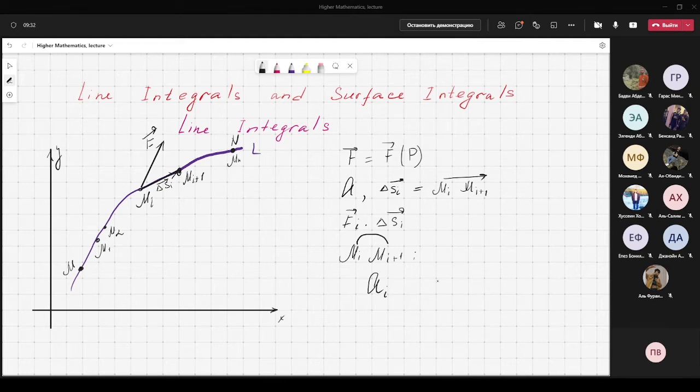A i is approximately equal to F i times delta S i, scalar product.